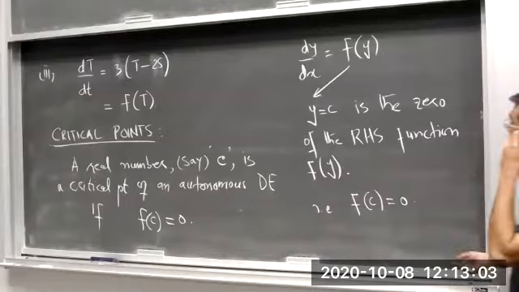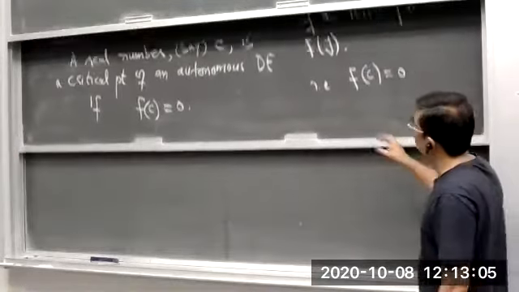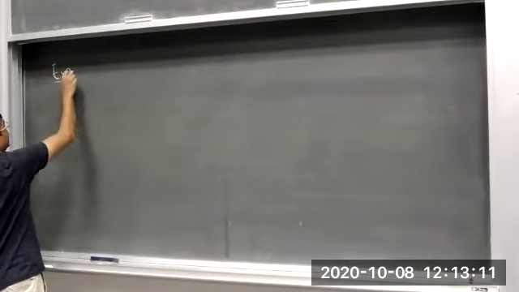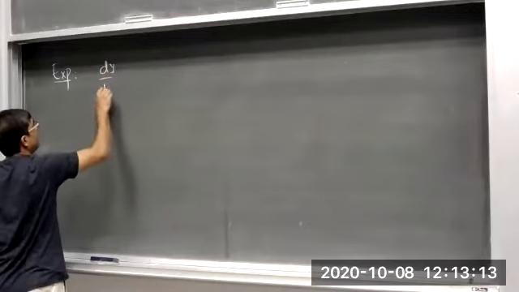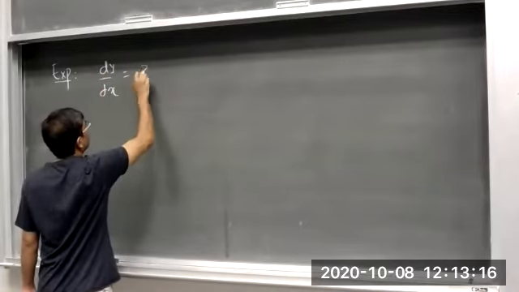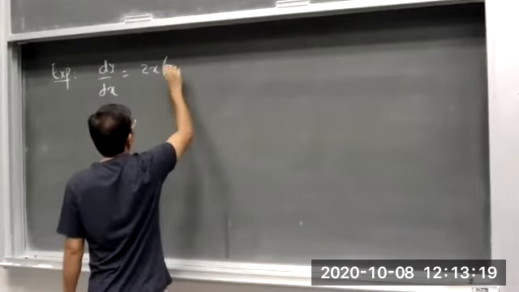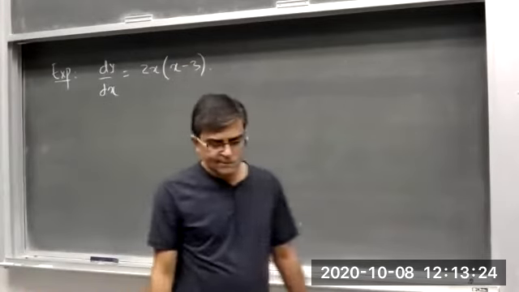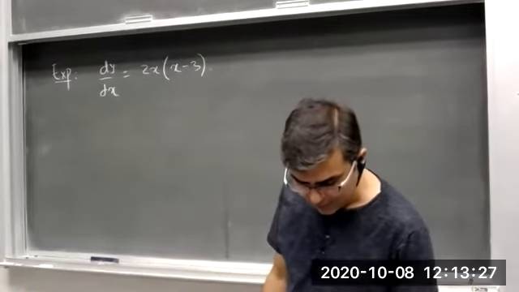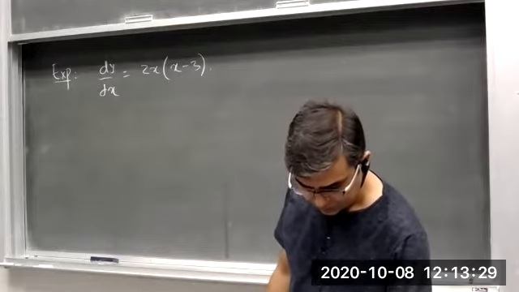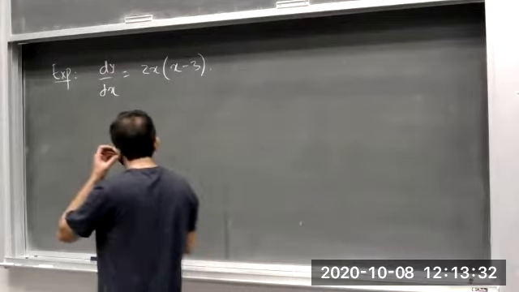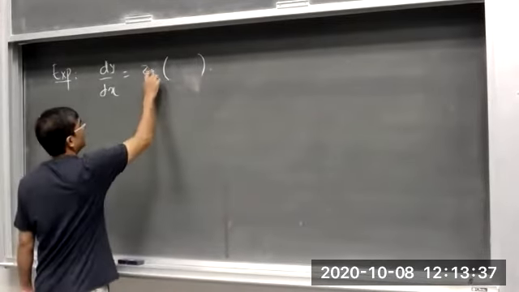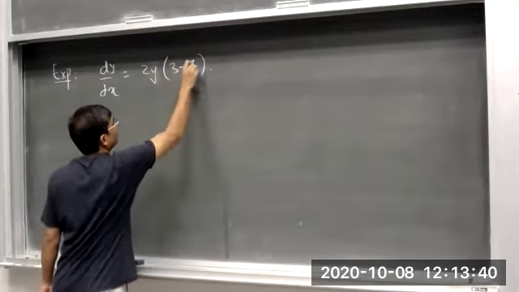For example, if we have this kind of differential equation dy by dx is equal to 2y into 3 minus y.